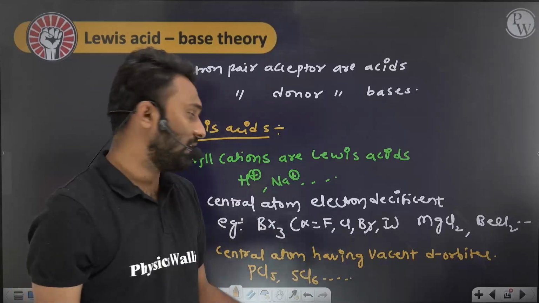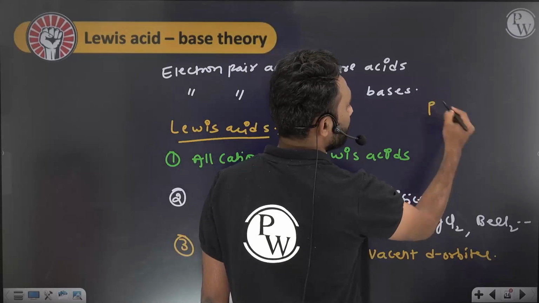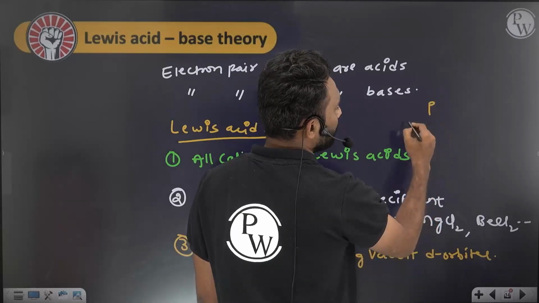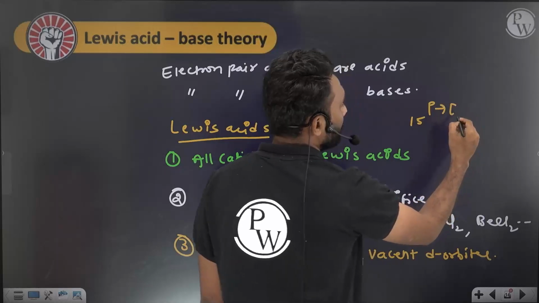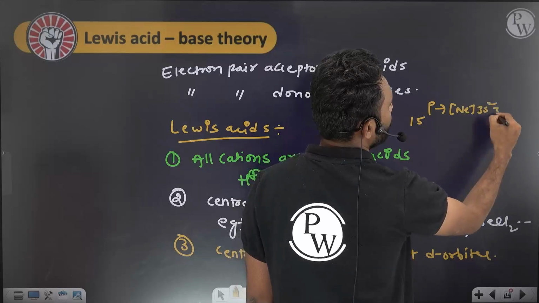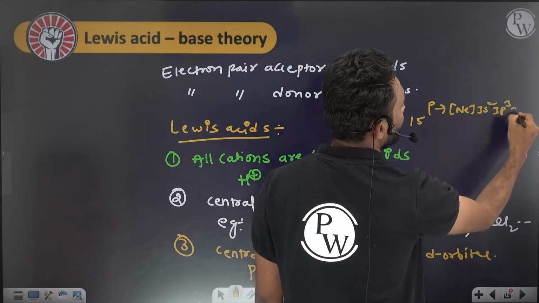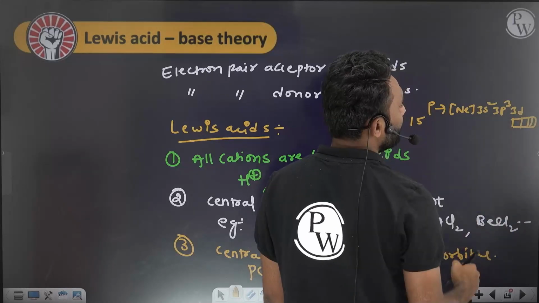Now PCl5 ಅಲ್ಲಿ ಇಲ್ಲಿ ನೋಡಿ. PCl5 electronic configuration ಎಷ್ಟು, phosphorus atomic number 15 ಅಲ್ಲ, means this is neon 3s2 3p3 ಅಲ್ಲ, and the 3d is empty, right? Now 3d is empty.